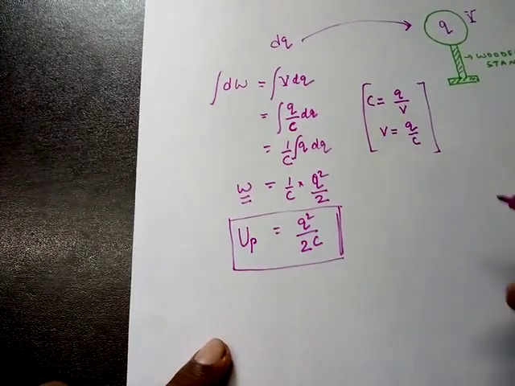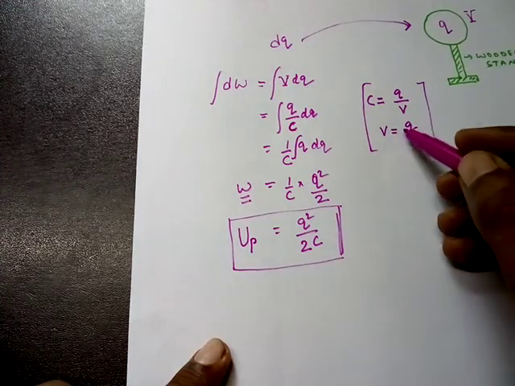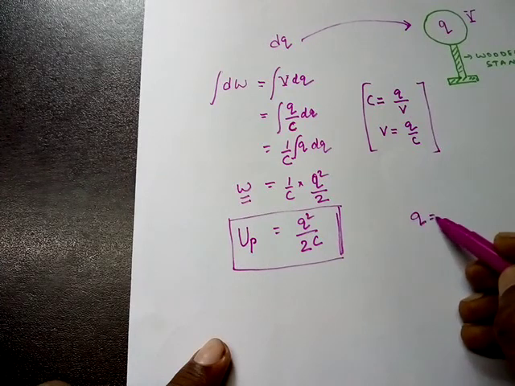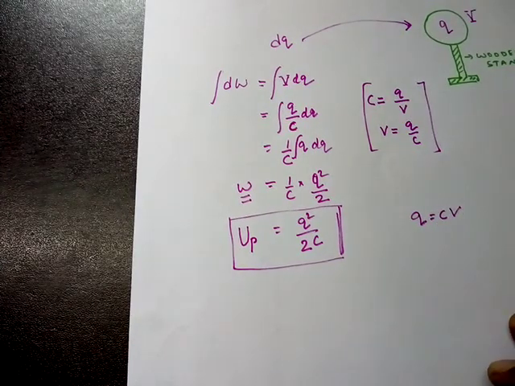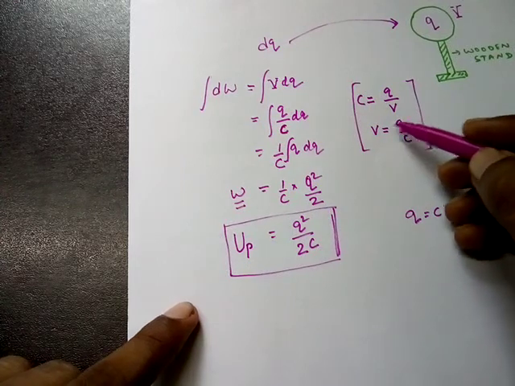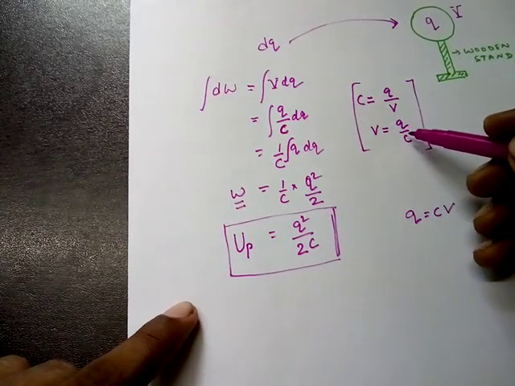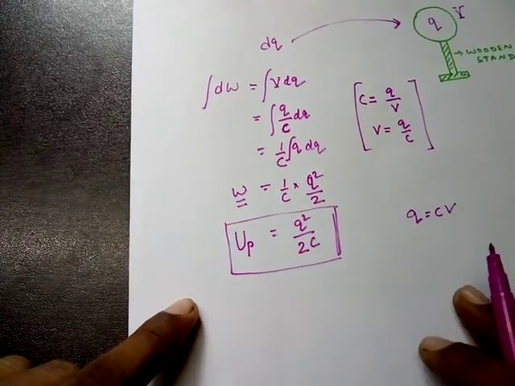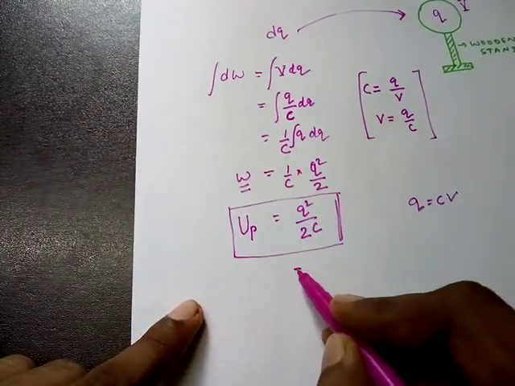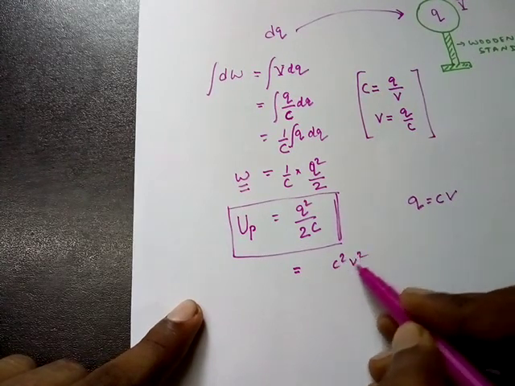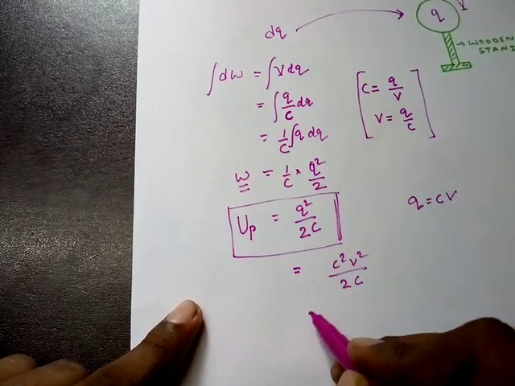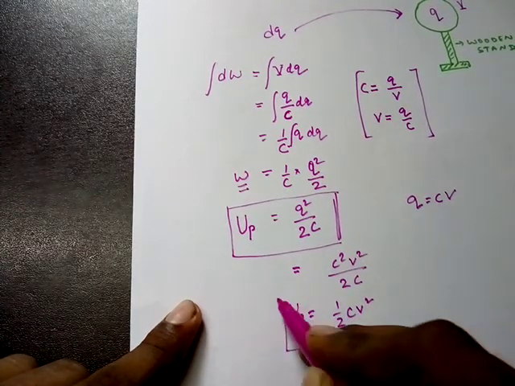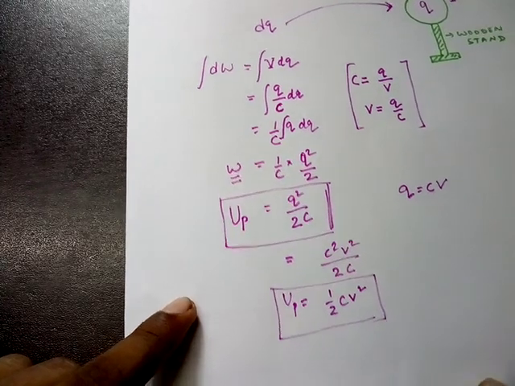Now again, if I take q from the relation C equals q by v, I get q is equal to CV. Putting the value of q over here, I get C square V square divided by 2C, that is equal to 1 by 2 C V square. So this is also an expression for the potential energy.